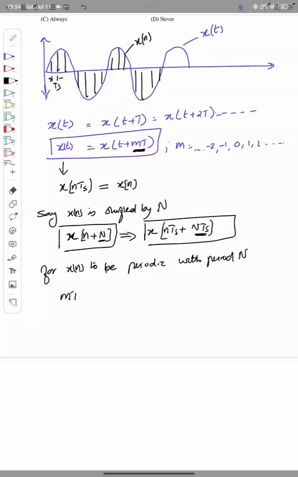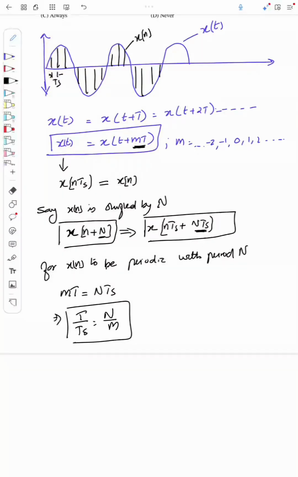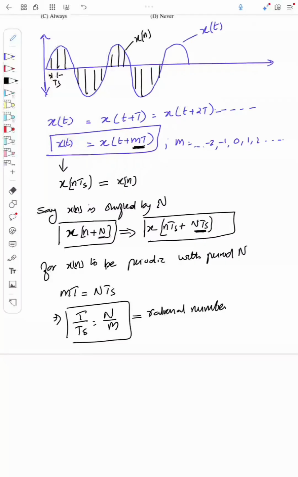That's obvious, right? So mT should be equal to NTs, or we can say T by Ts should be equal to N by m, right? So the sampled signal x of n will be periodic with a period N if N by m is a rational number. So if this is a rational number, then definitely this x of n will be periodic with period N. So we'll see the options.